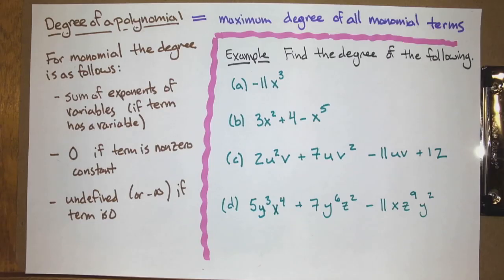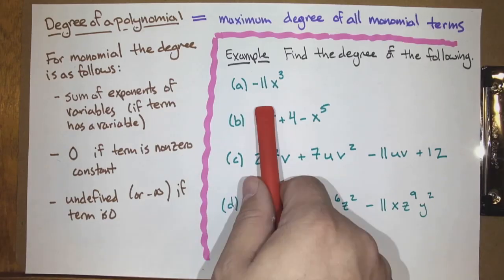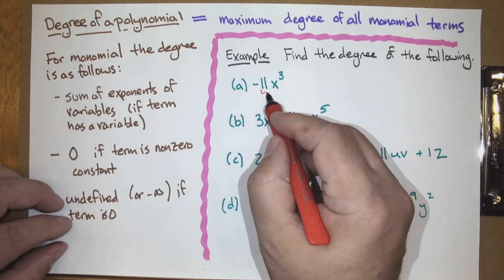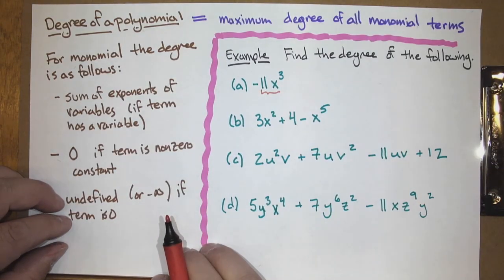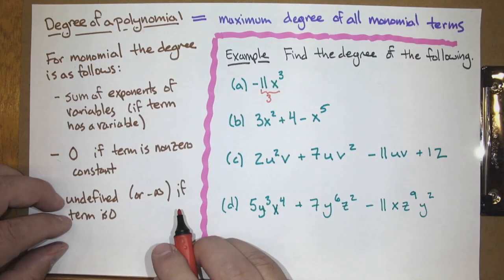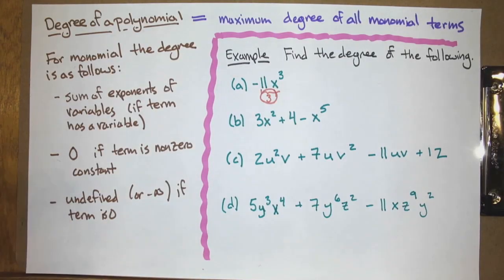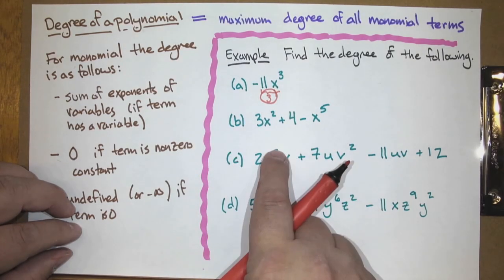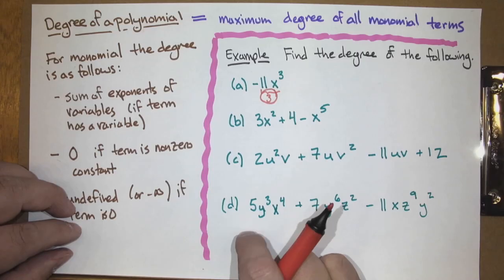We have flexibility. For the first one, that's a monomial. What's our degree of that monomial? 3. So what's the overall degree? 3, right? Because you just take the largest one, there's only one. What's the degree of this polynomial? 5.